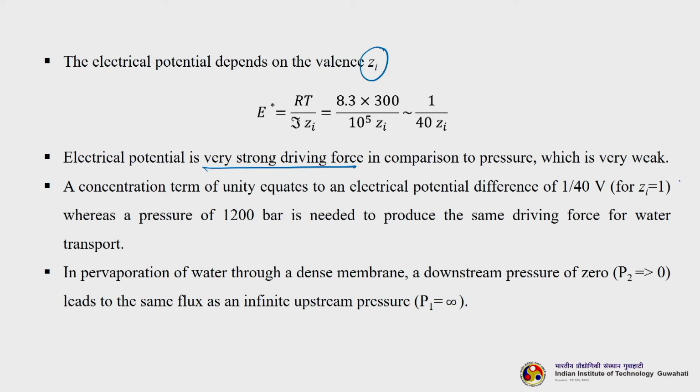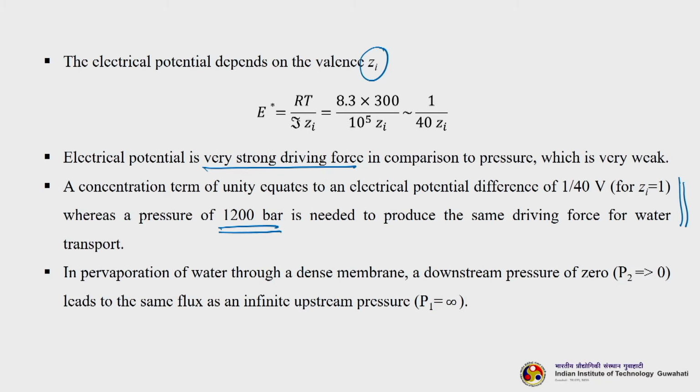So what we understand is that if we want the same type of driving force for water transport, an electrical potential difference of 1 by 40 volt is enough. However, to achieve the same driving force through pressure, I have to use 1200 bar, which is a huge pressure.